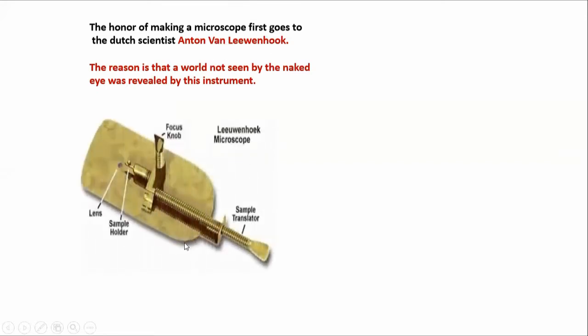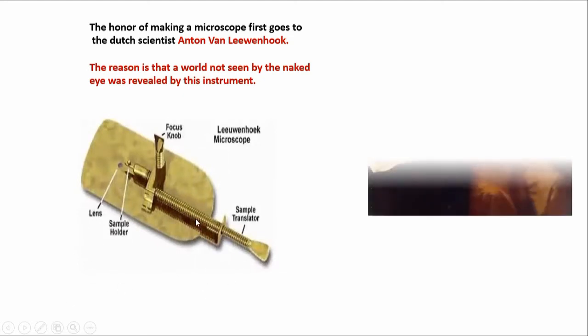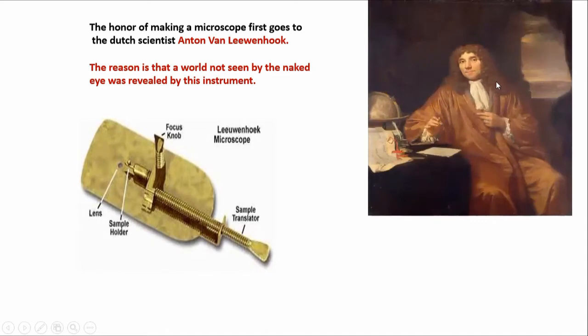All right. So that is why we consider him as the father of microscopy. Many of us don't know that, but Anton van Leeuwenhoek is actually the father of microscopy. So this is a rough diagram of the microscope invented by him, and this is the scientist Anton van Leeuwenhoek.